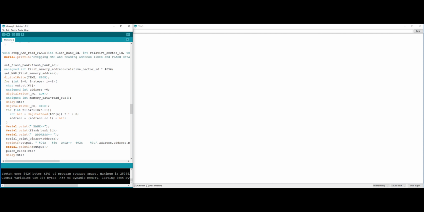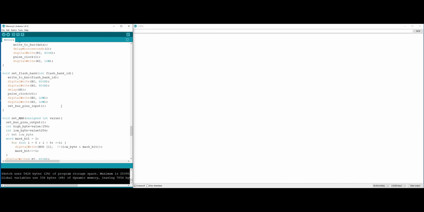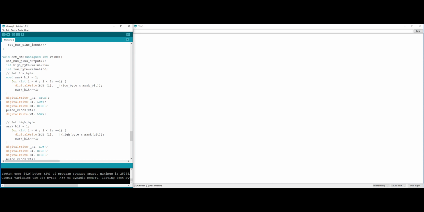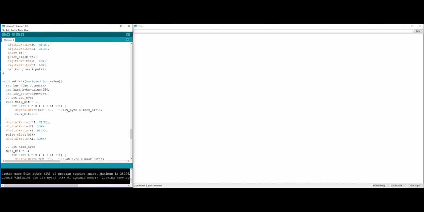Now, the next step is to set our MAR with that memory address, because that's where we are trying to start from and then count for the number of steps that we need to read the memory. So we are using setMAR, which is one of the functions that we talked about in the previous videos. If you remember from the RAM module video, setMAR gets a value and sets it as high byte and low byte into our memory address register, setting our MAR to that specific value.